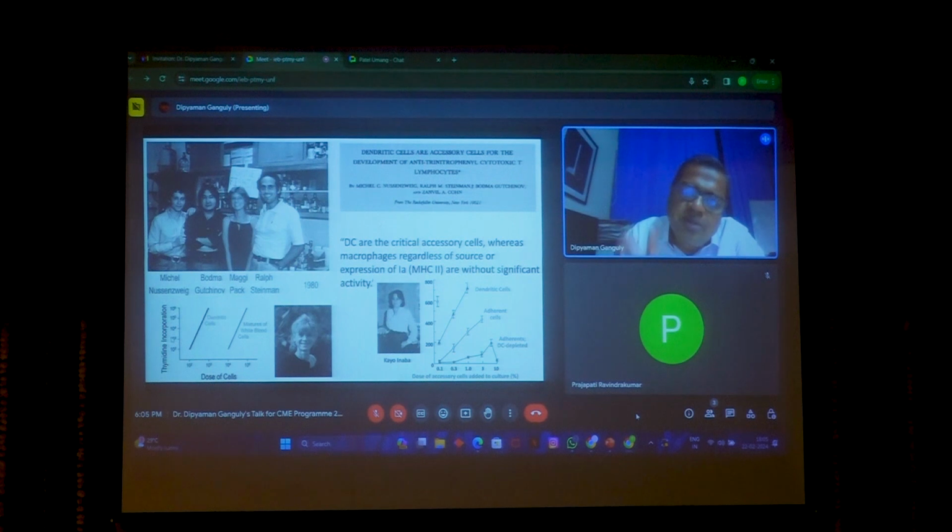That means they had some additional capacity to drive lymphocyte activation.